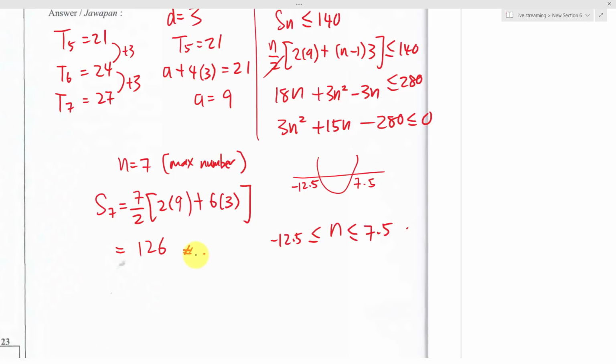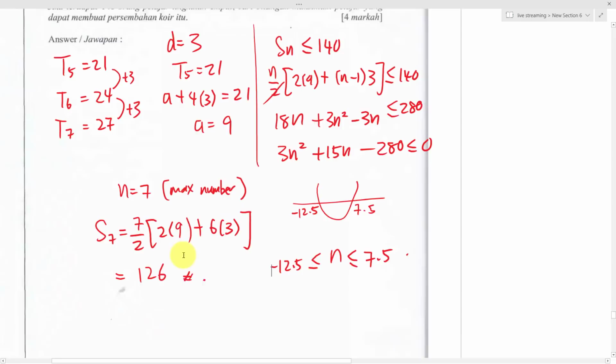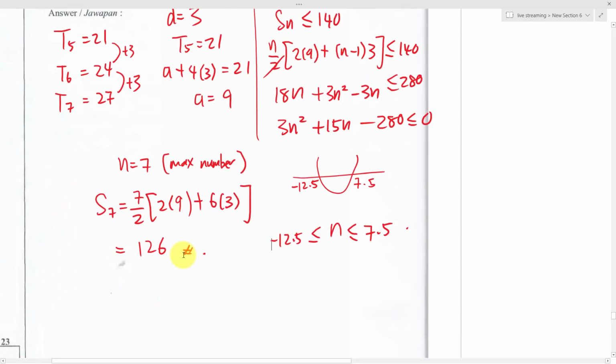Alright, so teacher, don't we have to use the formula if we cannot? Yeah, you have to use the formula, I guess. How many marks here? 4 marks. I am not sure they will give a mark for the formula or not.